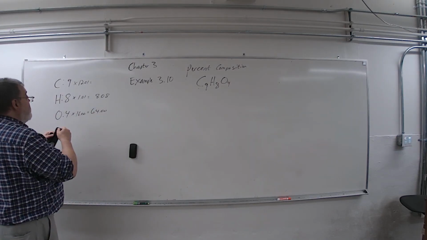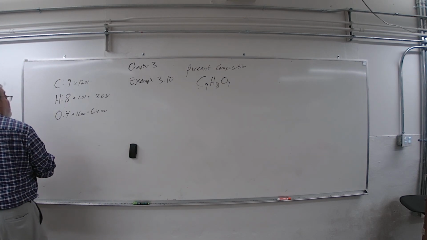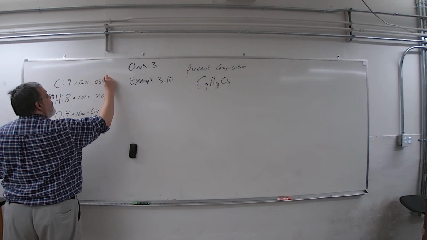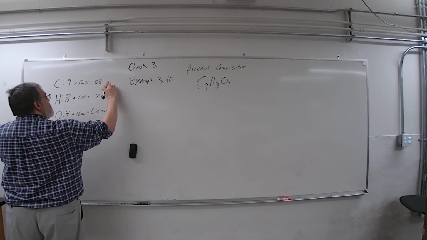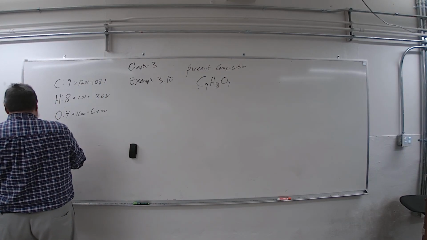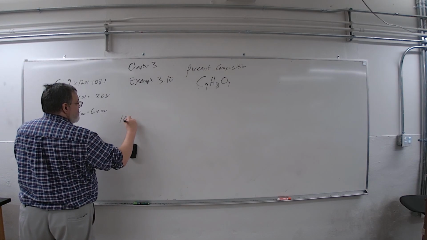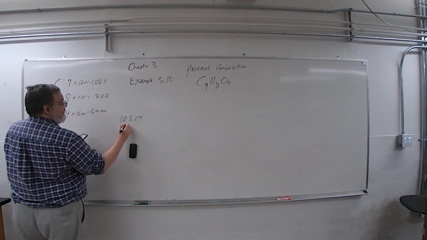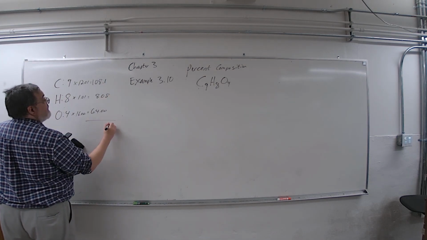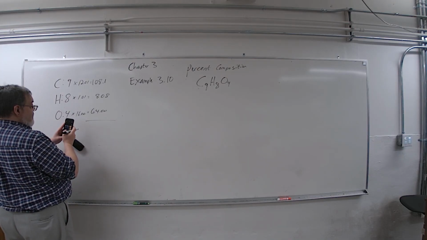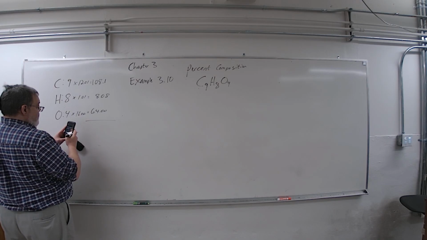On the calculator, 9 times 12.01 is 108.1, keeping 4 significant figures. Add them up: 108.1 plus 8.08 plus 64.